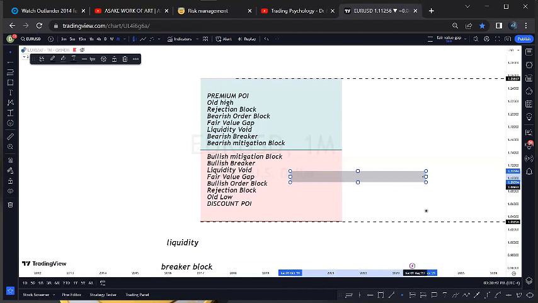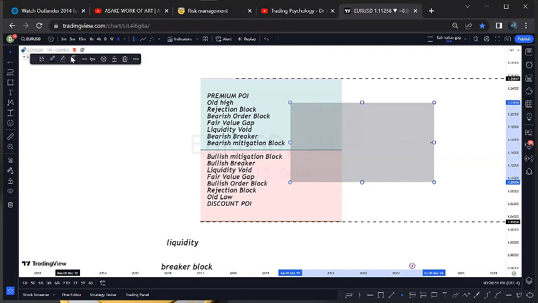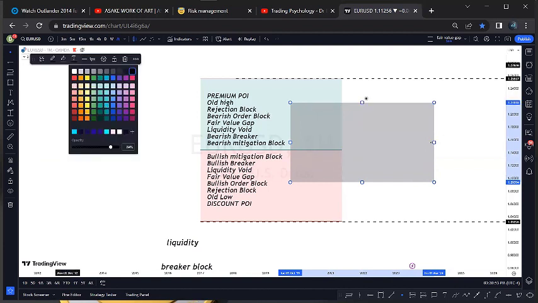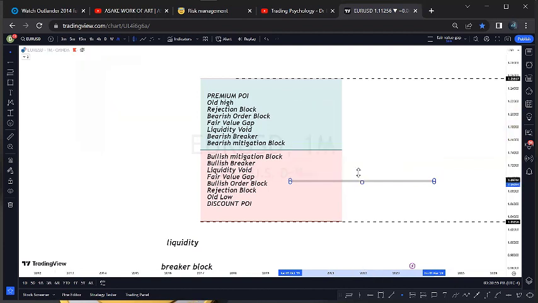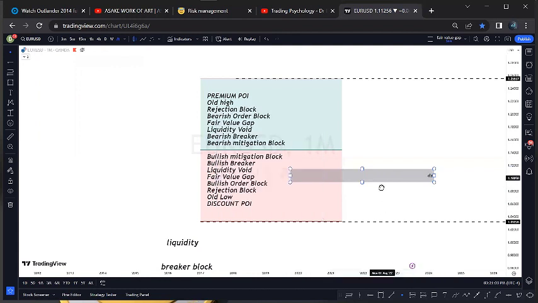I call my own discount zone DZ. So if you see any of my charts and you see this DZ there, know that that is a discount zone.